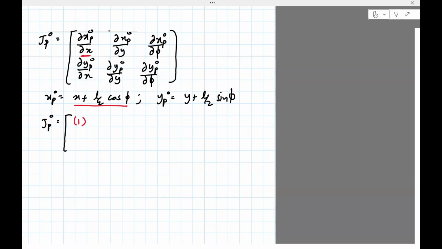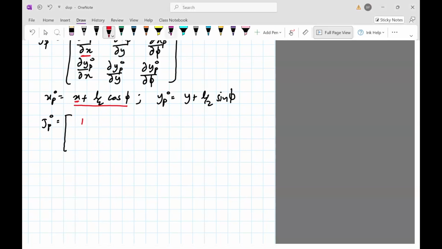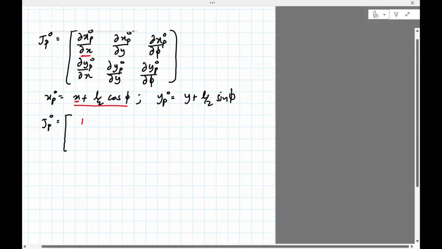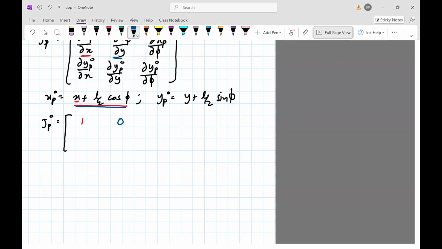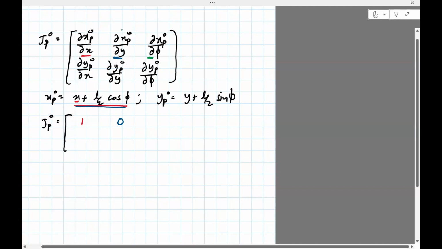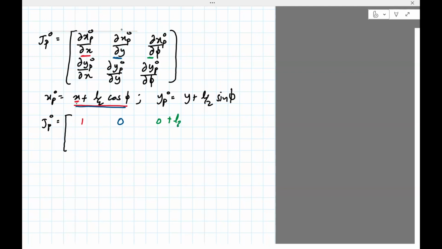That's going to be simply 1, right? Because it's just x. Okay, next we have dxp/dy. So dxp with respect to y. There's nothing here which is y, so this is 0. Okay, and finally we have dxp with respect to phi. So the first part is going to be 0 because it's x, and then for the second part we need to take the derivative of cosine phi with respect to phi. That will be minus sine phi.